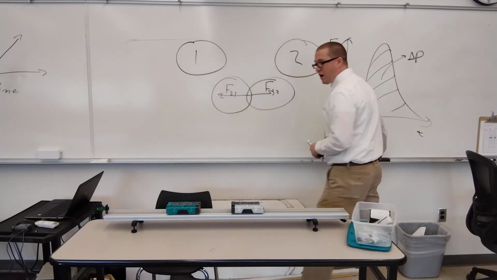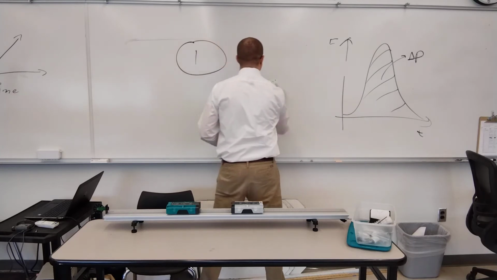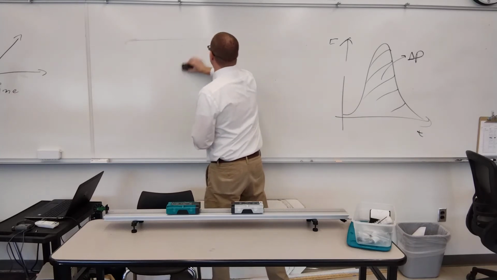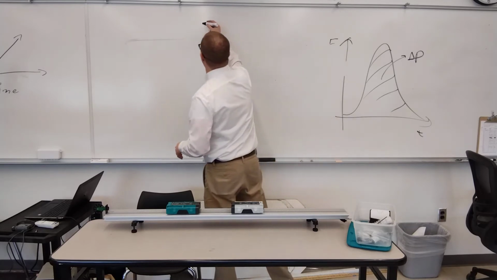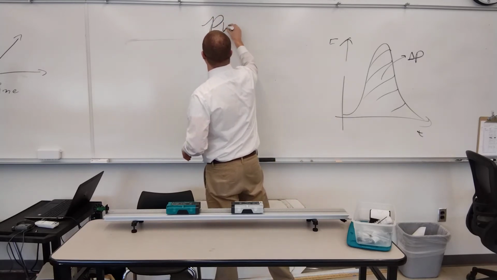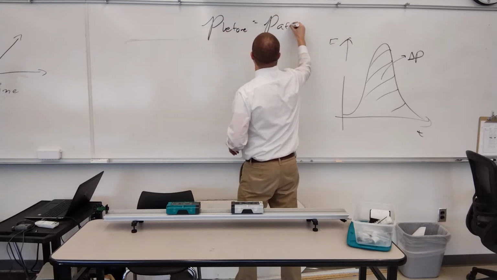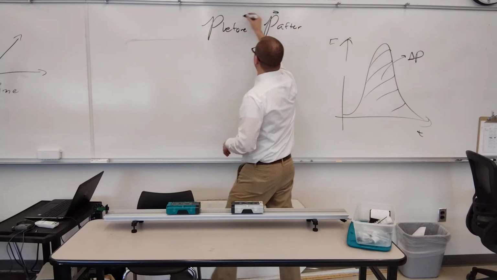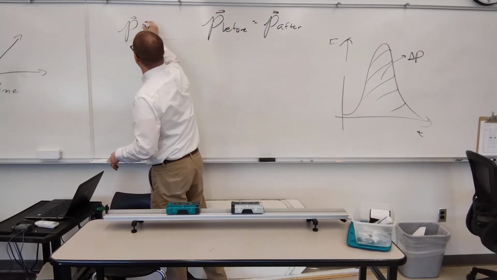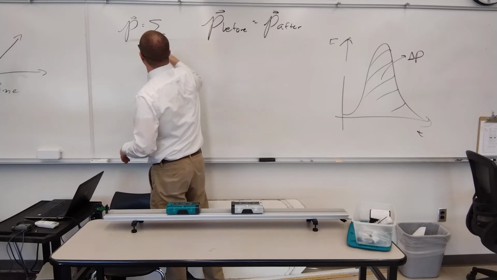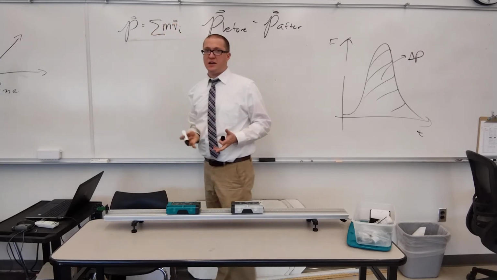Momentum is a vector quantity, right? So, there's a couple ways to write this. Up on the regions, they just wrote P before equals P after, where P represents basically the sum of all the little masses times velocities.